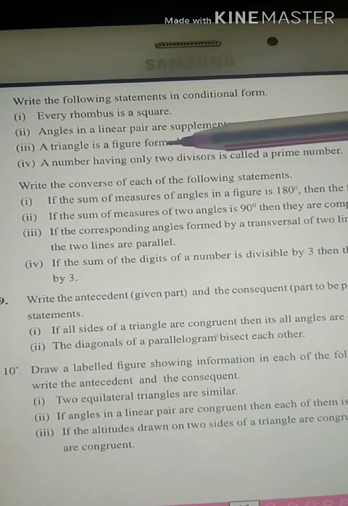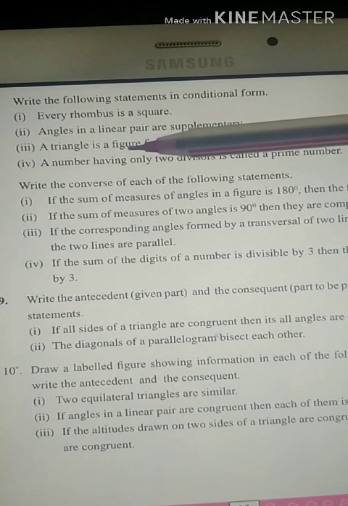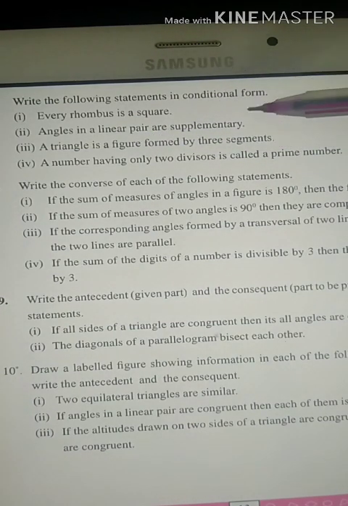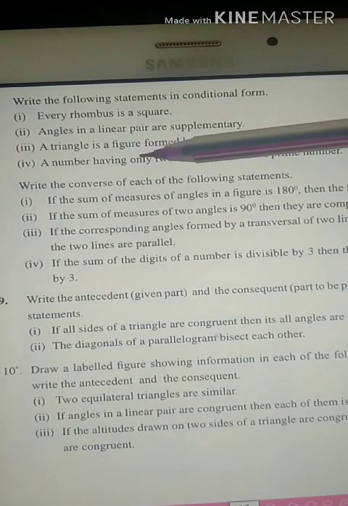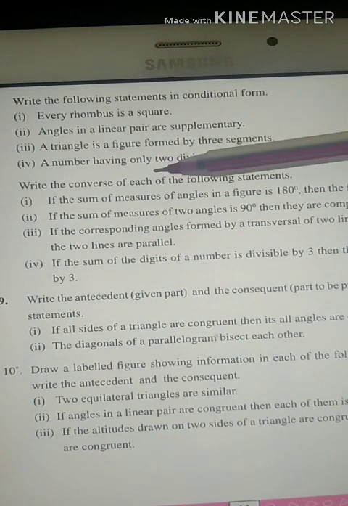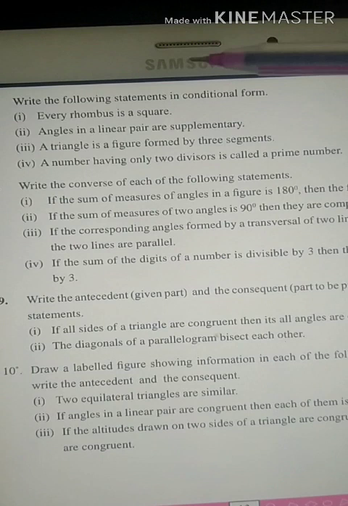A triangle is a figure formed by 3 segments. How will you frame an if-then form? If a figure is formed by 3 segments, then it is a triangle. Or you can also write it as, if the figure is a triangle, then it is formed by 3 segments.